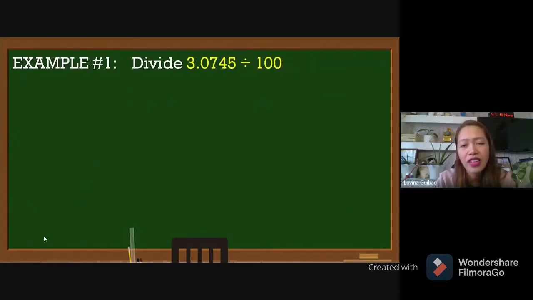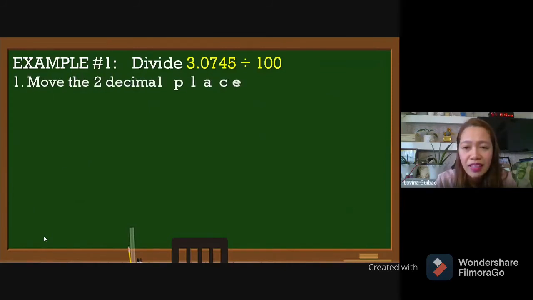Okay, let's try this one. Divide 3.0745 divided by 100. So we are dividing this decimal number by a whole number. So ano yung step natin? Is it going to the left or going to the right? Okay, it's going to the left since we are dividing, since our divisor is a whole number.